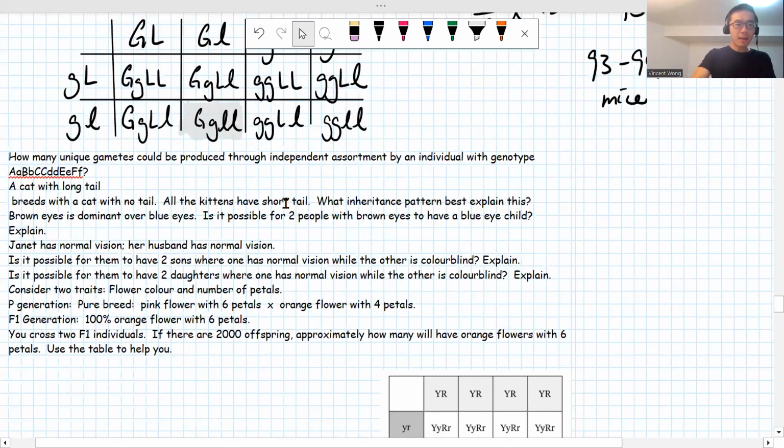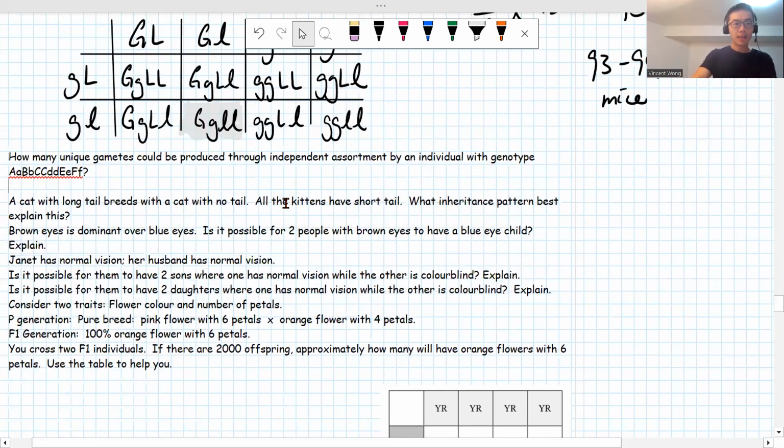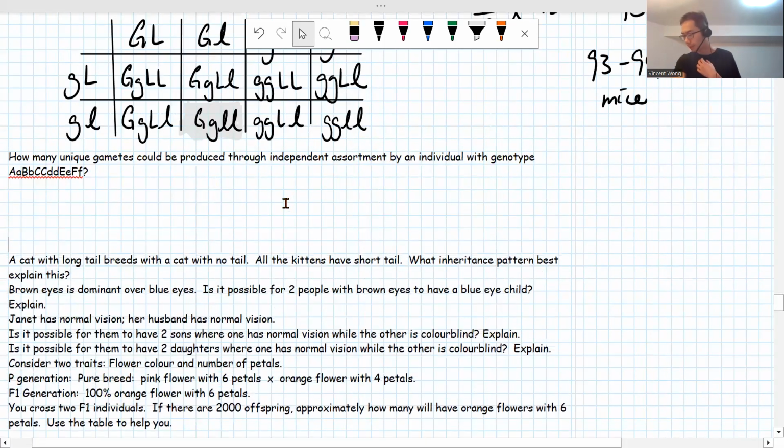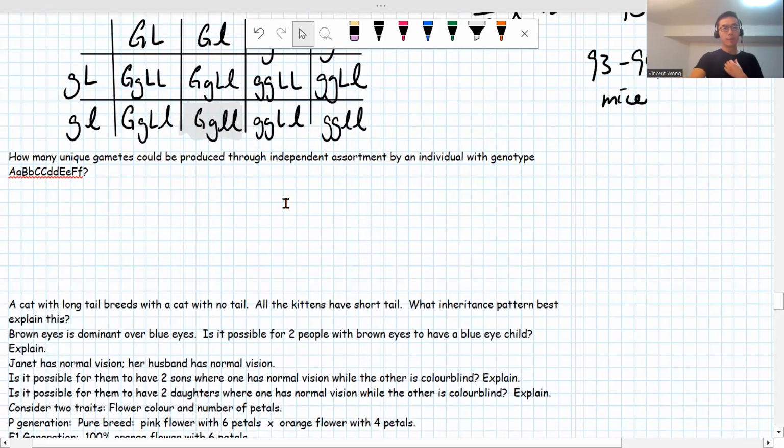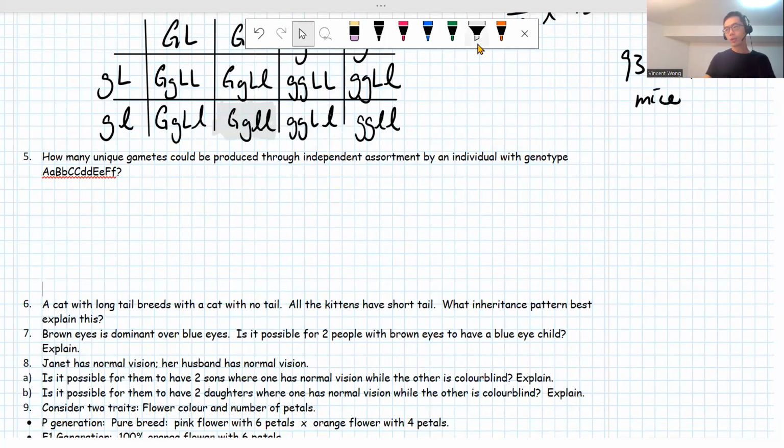How many unique gametes could be produced through independent assortment? We did something like this in class. Basically you look at each gene. If it's heterozygous, then you have two possible combinations. You can either pass on the big A or the small a.